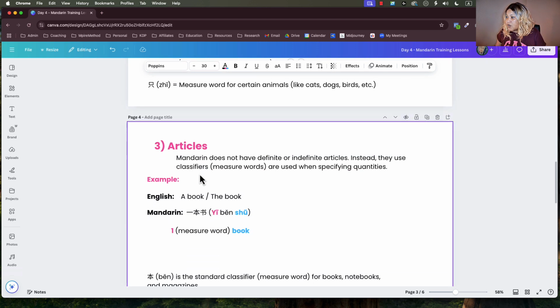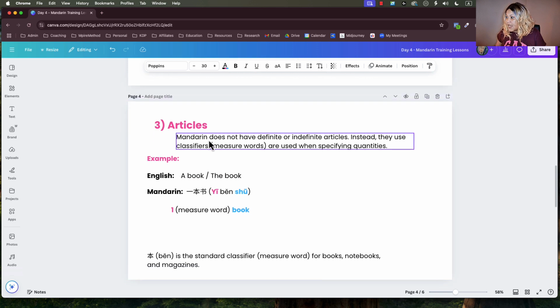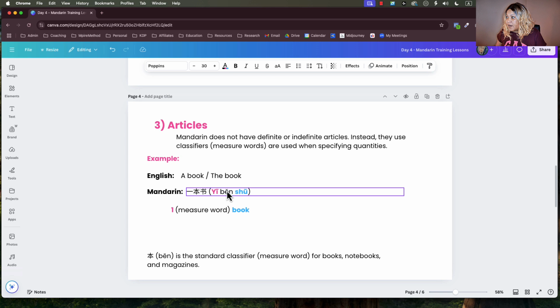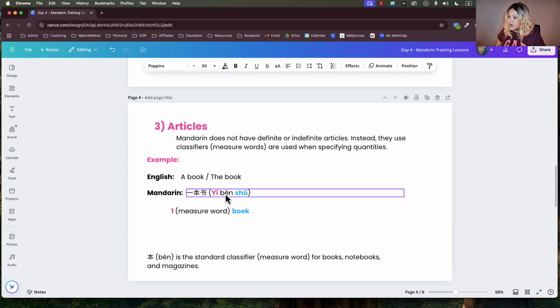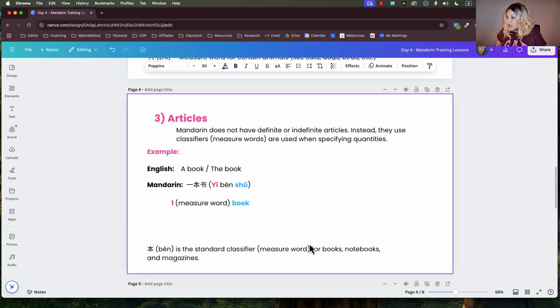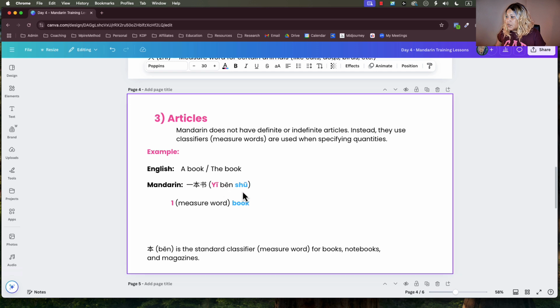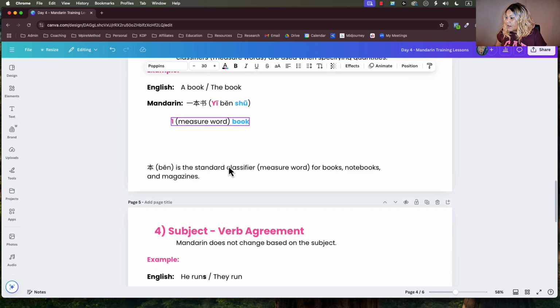And then the articles, we understand that there needs to be a measure word in there that represents a book, and that measure word is different, as explained previously. So for one book, we would say yi bun shu. Okay, so we got that.